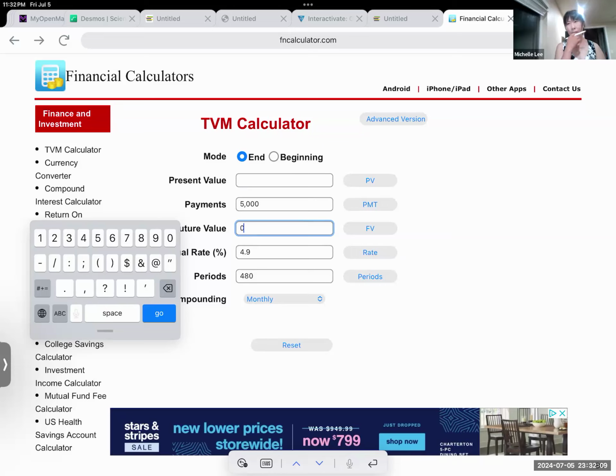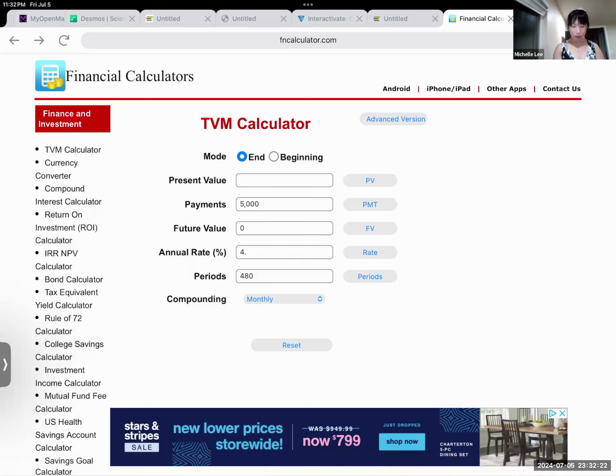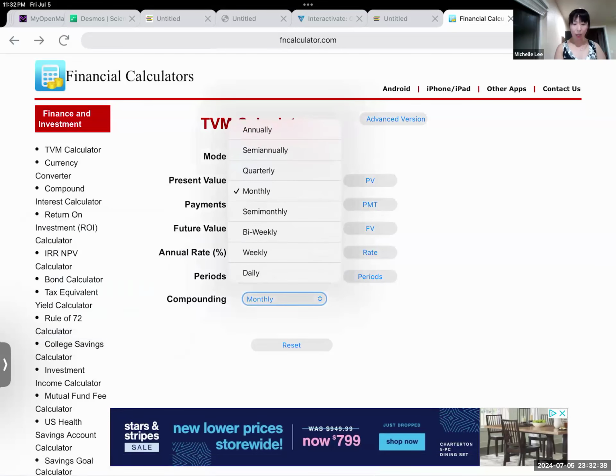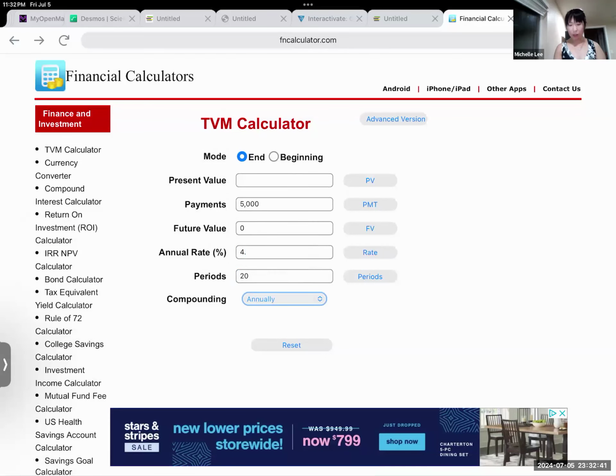Okay, the rate is 4%. And then the period is 20 years, and the compound is yearly, annually, same, right? We want to find the present value, so we click this one.